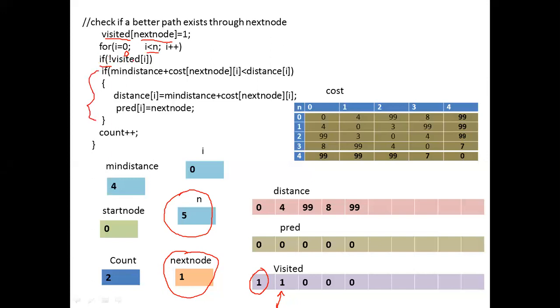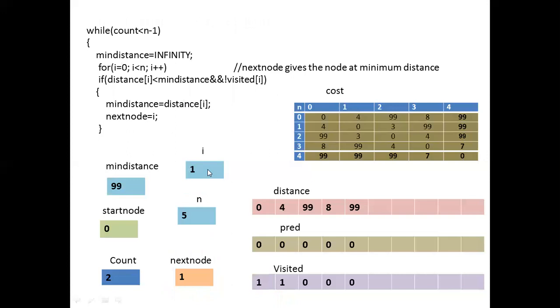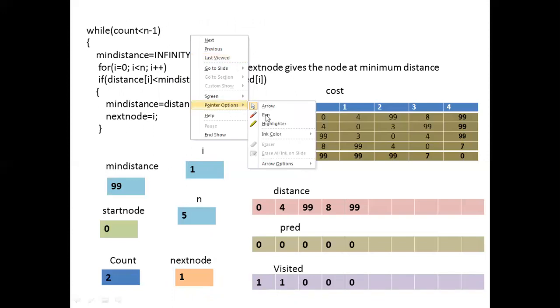If this condition fails, this statement won't execute. If this statement won't execute, once again controller will go back to the for loop beginning. Now what are you doing? Incrementing the I value. Now you observe I value initially was 0. If I increment, I value changes to 1.